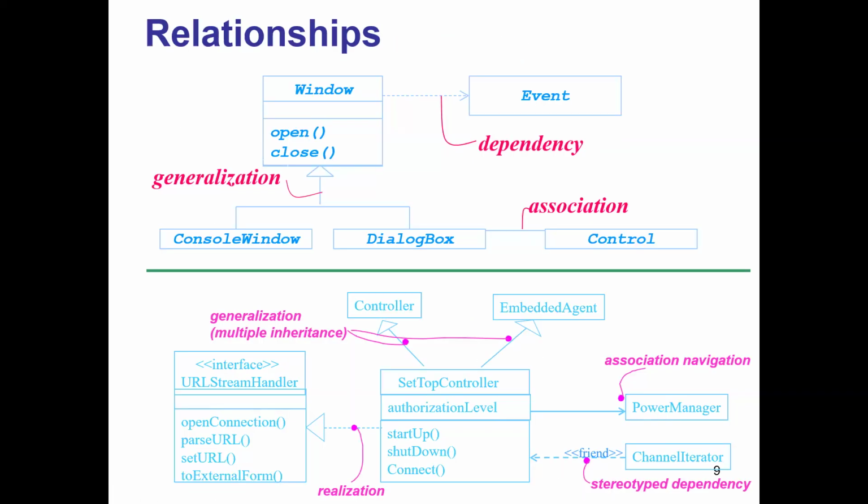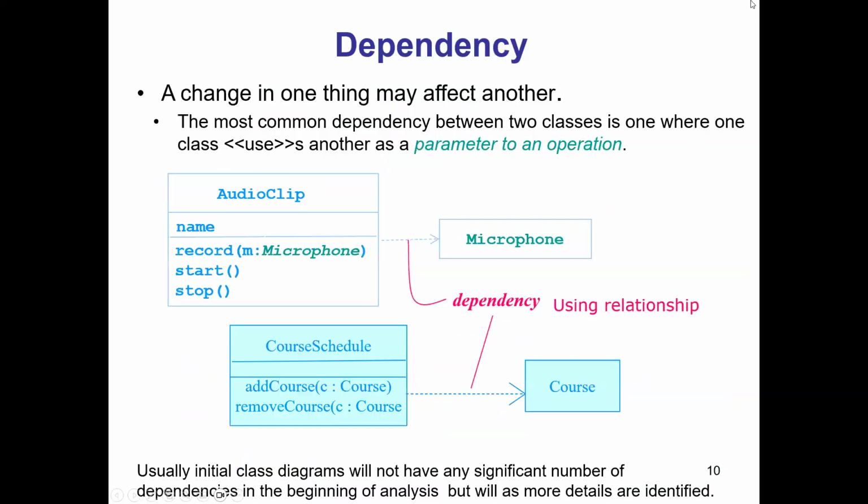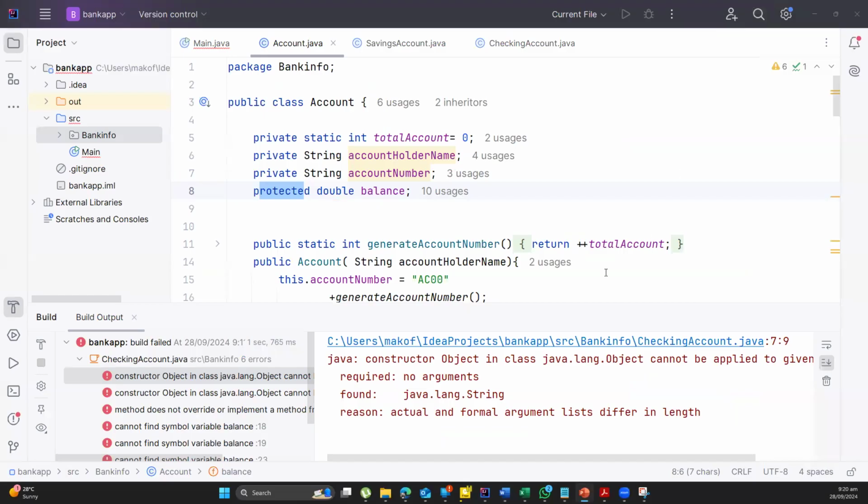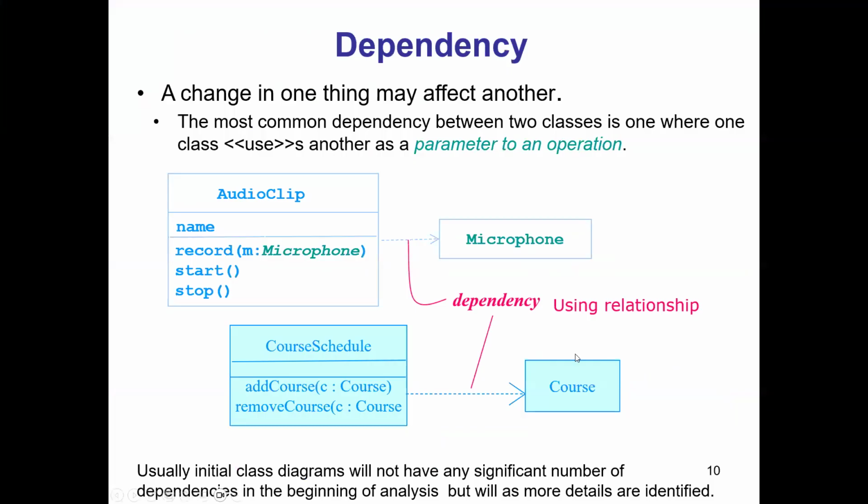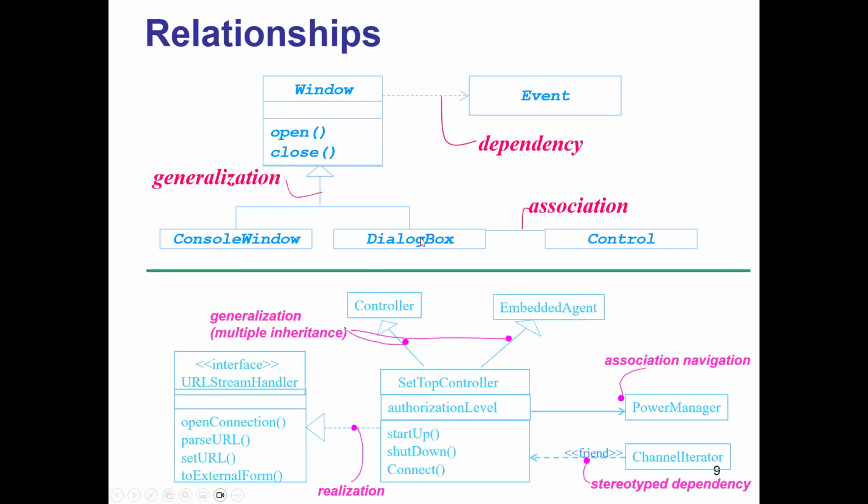So for example, if I was to draw the diagram for the scenario we have that has to do with the account, I will draw a square, and then I'll draw another class diagram, and I'll use the arrow to show the relationship between the two.